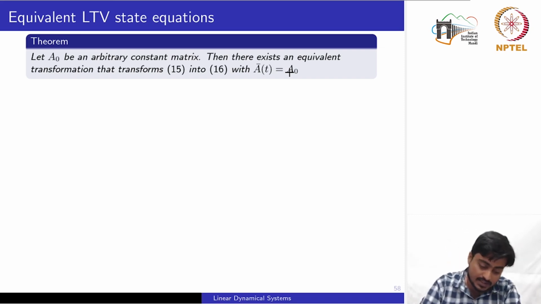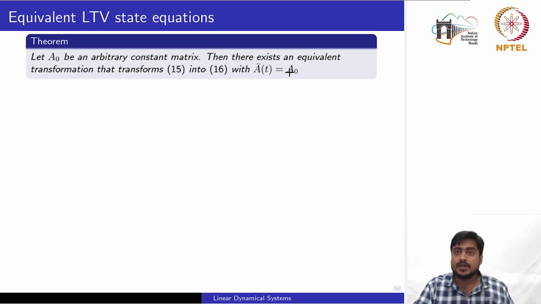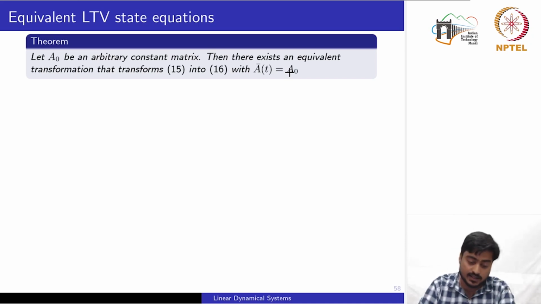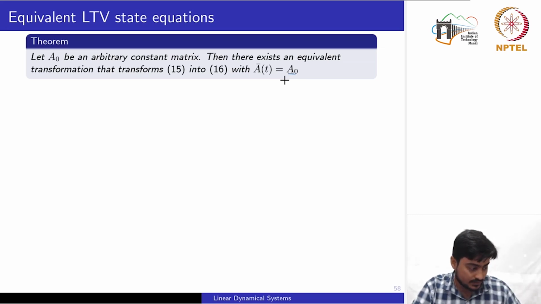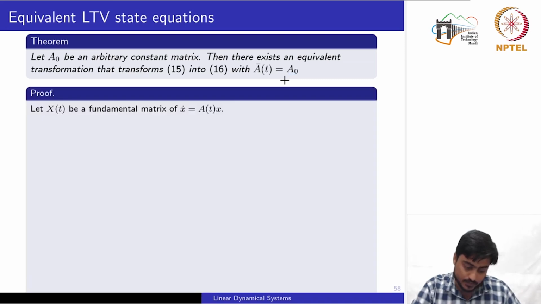Now this is one of the very important results, because this A bar matrix, which is supposed to be a time dependent matrix, I can replace with a constant matrix A naught. Okay, so we'll see the proof of this one.